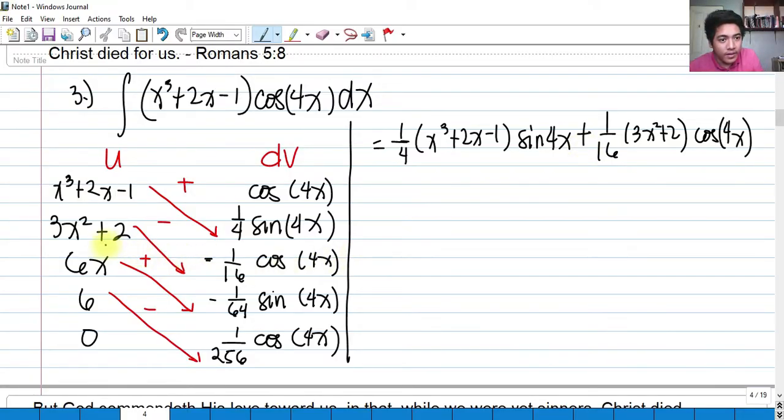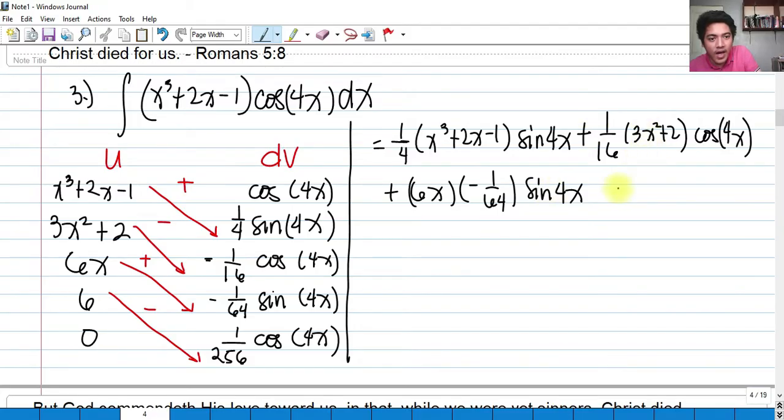And then this one plus this one, 6x multiplied by negative 1 over 64, sine 4x. And then lastly, we have negative 6 multiplied by 1 over 256 cosine of 4x plus c.